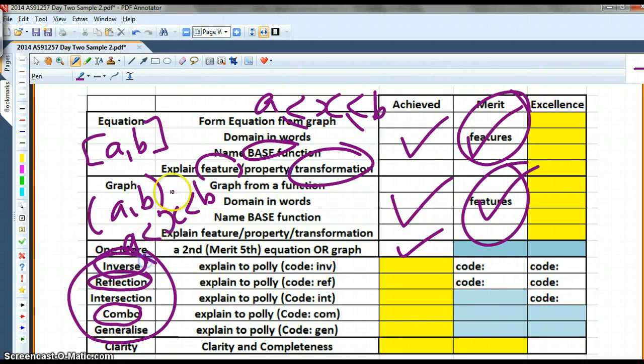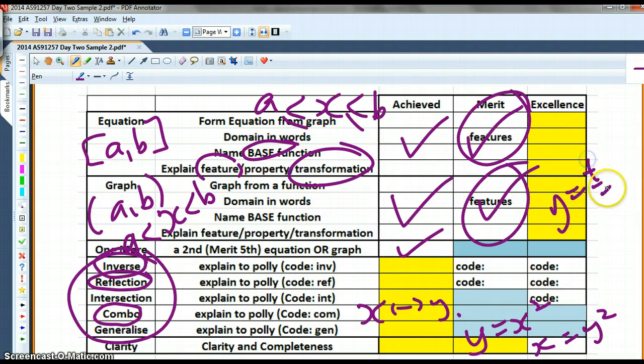By inverse, what we're meaning is swapping the x with the y. So for example, y equals x squared. If you swap it round, you get x equals y squared, so y equals plus or minus the square root of x. So connecting that with the mirror image through the line y equals x and discussing it would get you a tick for inverse.